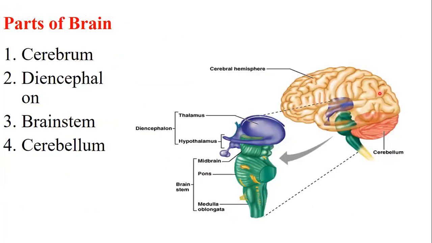This is telencephalon or cerebrum. So cerebrum, together with the diencephalon, forms the forebrain, right? Then this is midbrain. Midbrain is part of brainstem. Then what remains now? Pons, medulla oblongata plus cerebellum belongs to hindbrain.